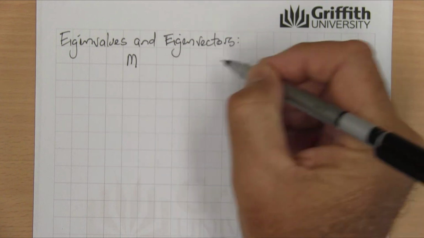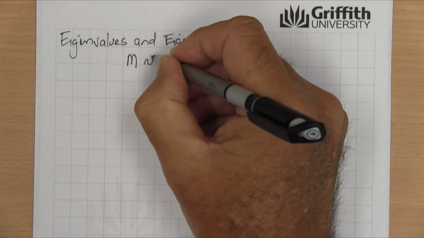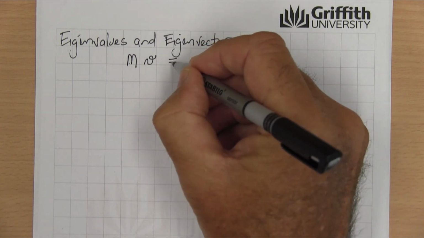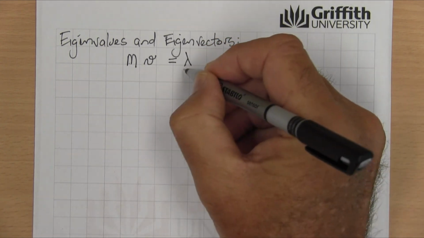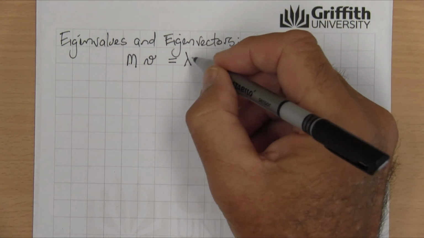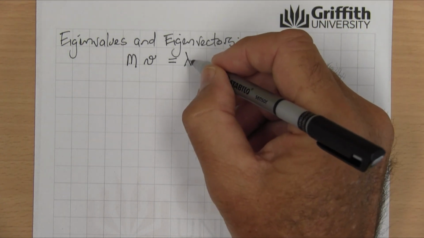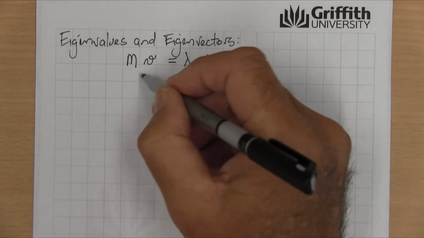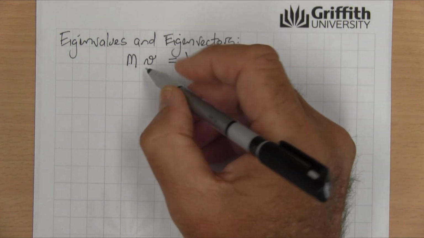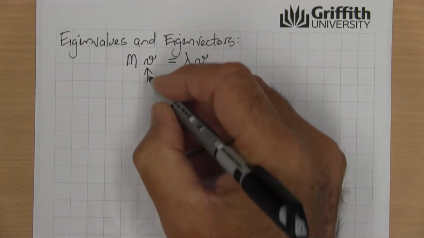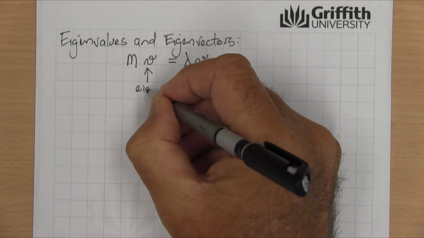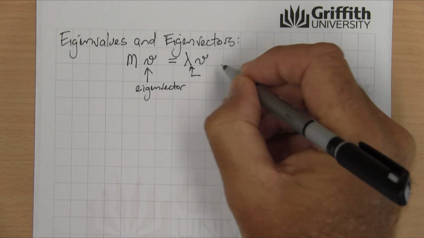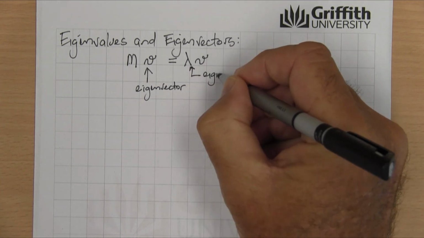If M is a matrix and V is a vector, so when we multiply that matrix times that vector, if it can be found that that's equal to a scalar quantity, which we'll call lambda, and a scalar quantity is simply just a number, times V, if we can establish that, then this value here is the eigenvector, and this value of lambda is the eigenvalue.